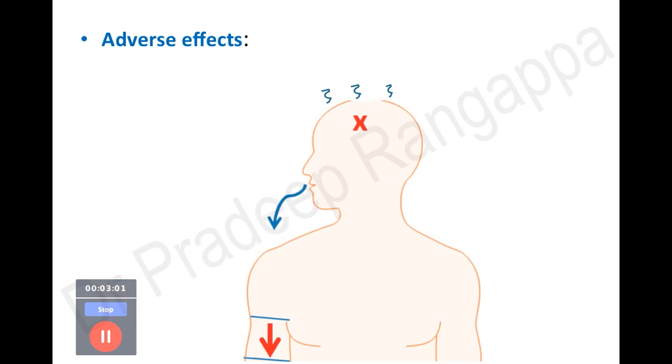As for adverse effects, it can cause dizziness. The main adverse effect we should be worried about is hypotension, because in heart failure patients, who would already be hemodynamically compromised, hypotension is the worry. We need to bear this in mind when using levosimendan. Vomiting, headache and dizziness are some of the other side effects.